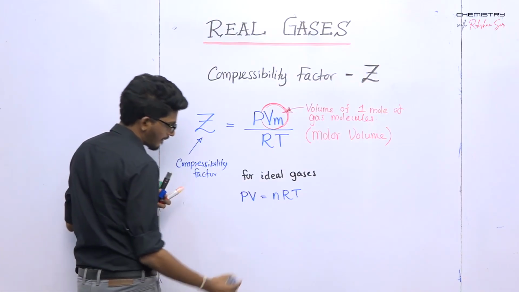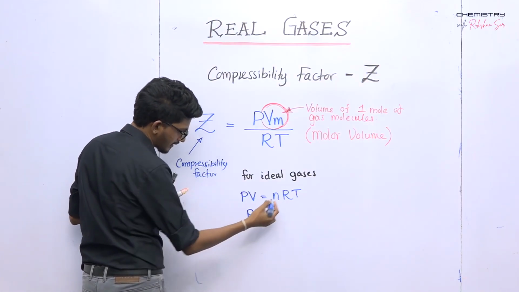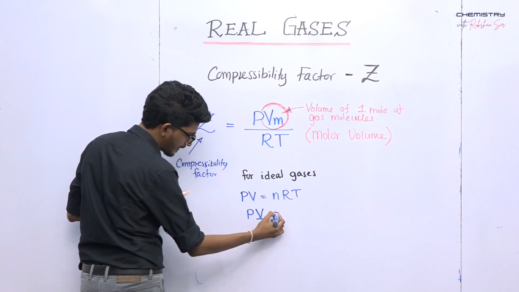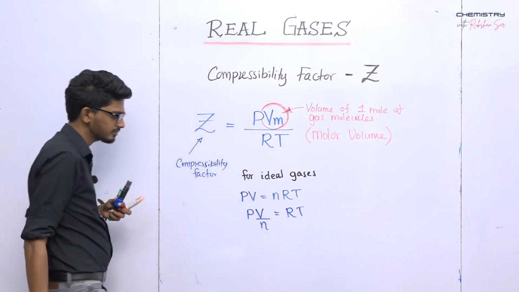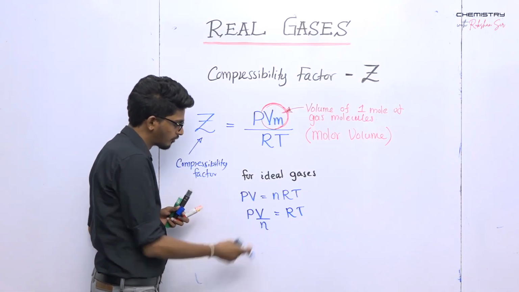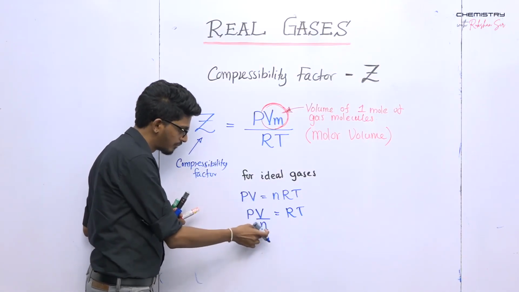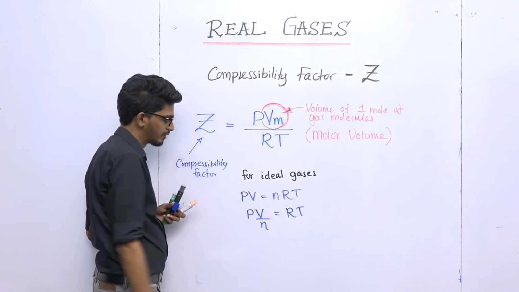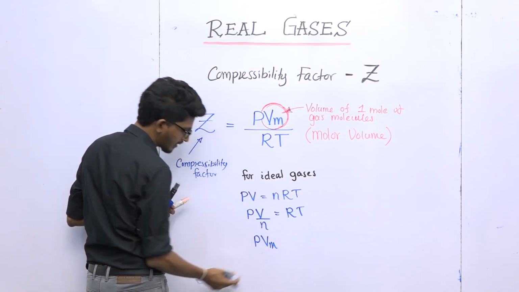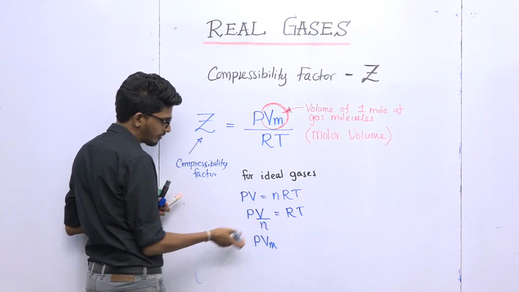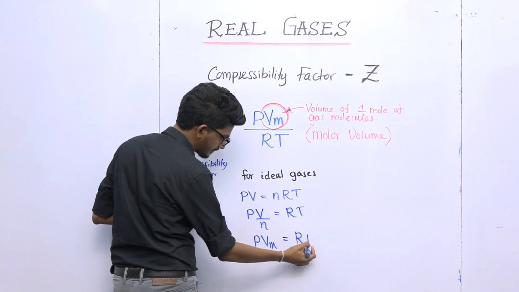If you take this n to here, PV over n is equal to RT. Then V over n means volume of 1 mole of gas molecules. Volume per mole. That is Vm, molar volume. Volume per mole is equal to RT.